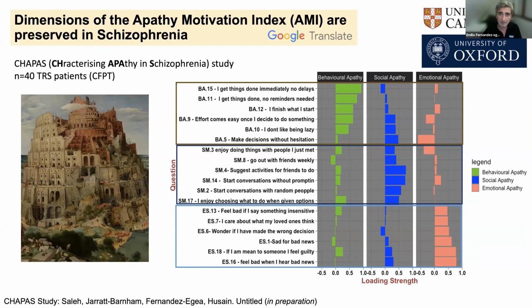They were the first publishing this AMI, the Apathy Motivation Index, in people with neurodegenerative conditions. And we have been using that in people with schizophrenia, and actually the loadings are very similar. So we probably can start to use scales that can be used across the different disorders in order to improve this Babel tower.